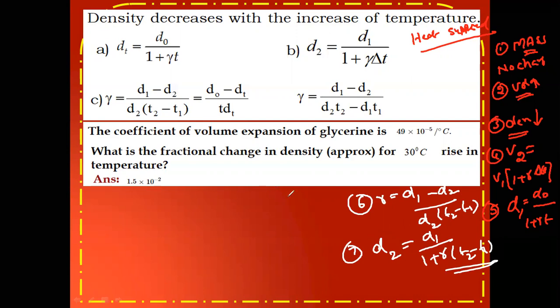And the eighth one. Sometimes they will ask a question to find out the fractional change in density.